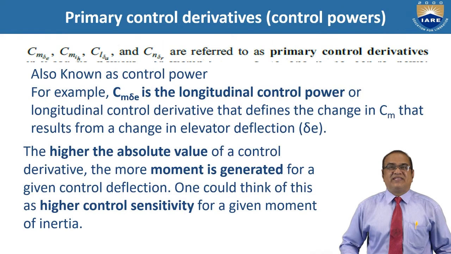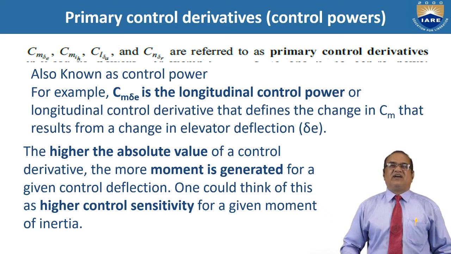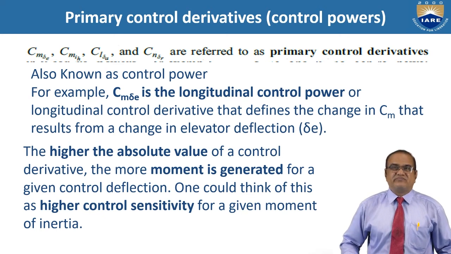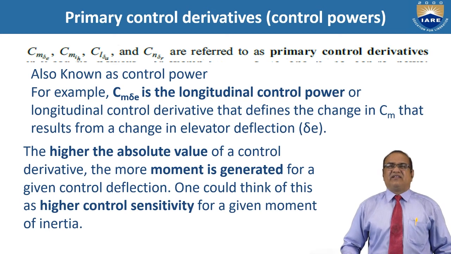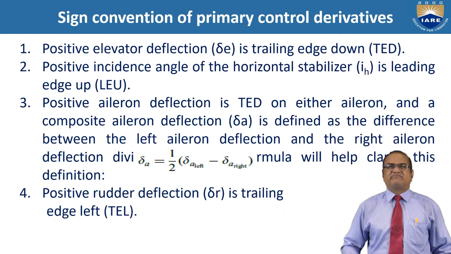Then we have learned the primary control derivatives, the effect of elevator deflection, the effect of horizontal tail setting, the effect of rudder, and the effect of aileron deflection on the different coefficients of moments and other things.